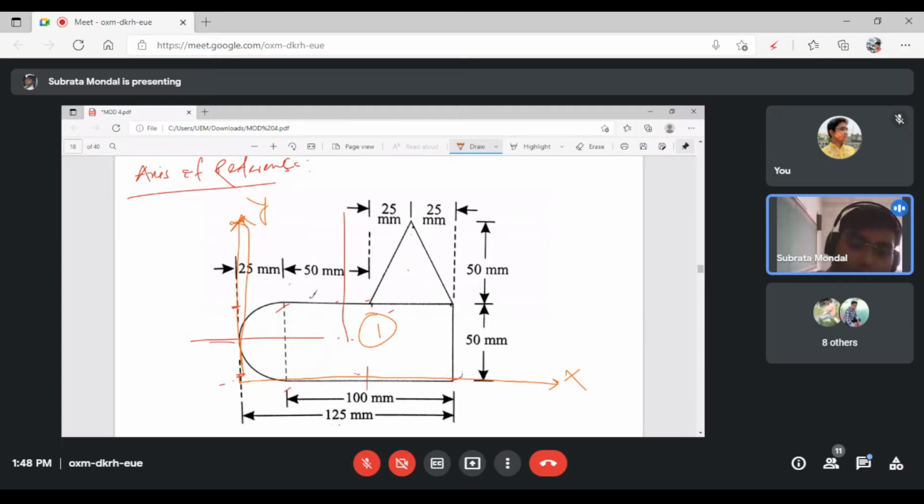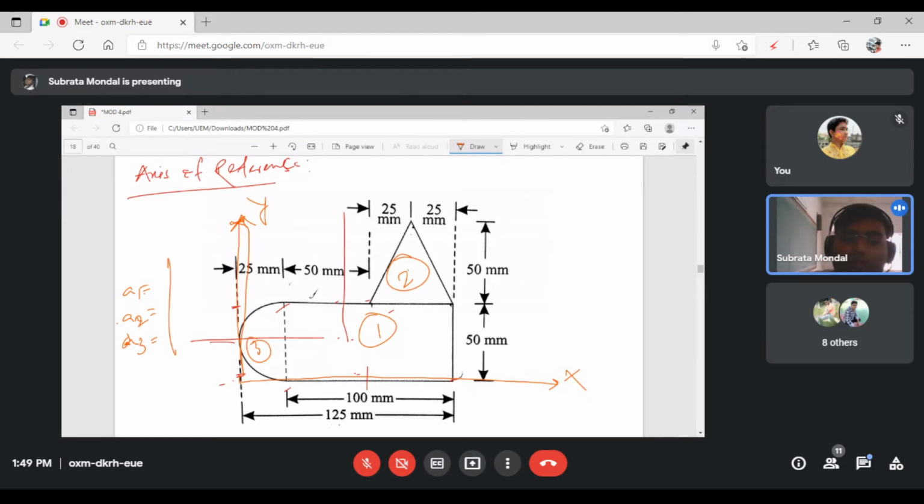Suppose you are considering this one as 1, this as 2, this as 3. So separately you have to calculate area 1, area 2 and area 3. So these three figures you have considered.